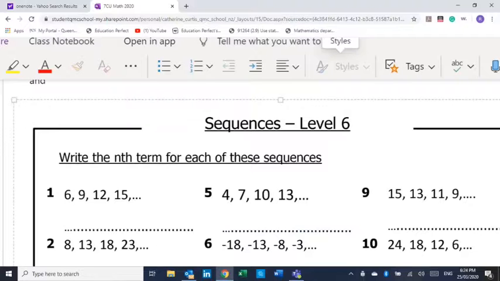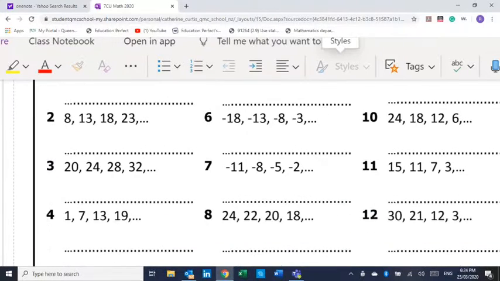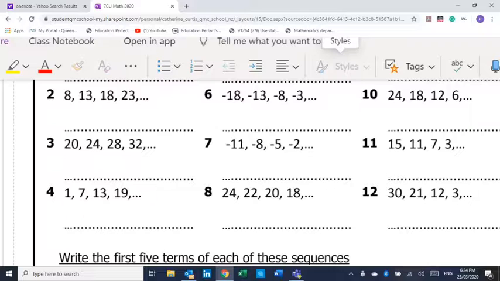Let's look at one more just to make sure that everybody's understanding what's going on. Let's do number 4. It's got 1, 7, 13, 19.